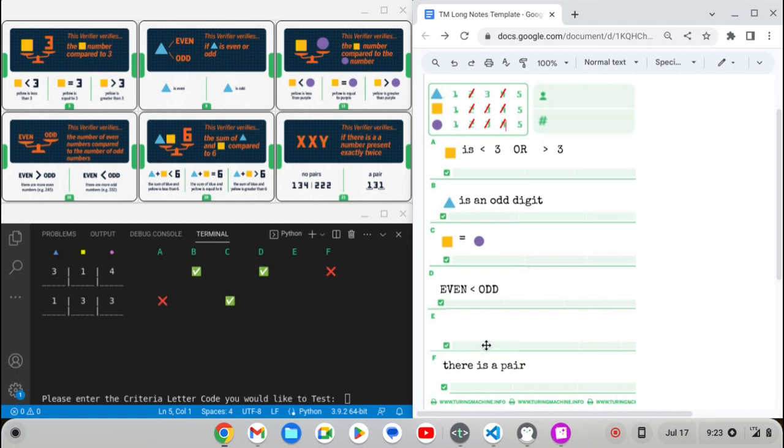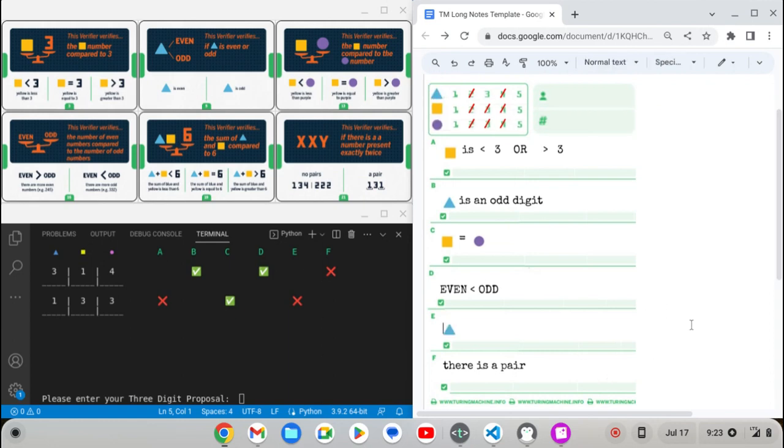Okay, well, let's just go ahead and test criteria card E and see what we have for the sum. Okay, so the sum is not less than 6. So let's go ahead and type up that the sum has to be either equal to or greater than 6.